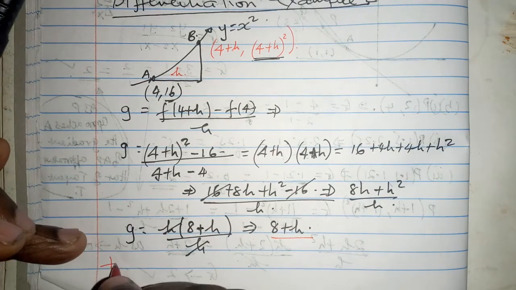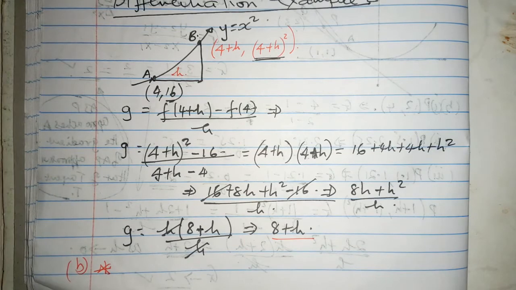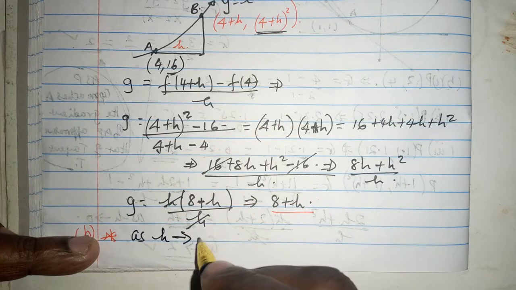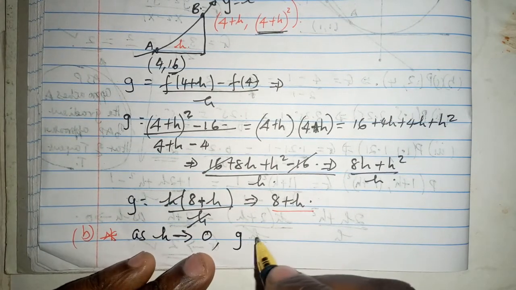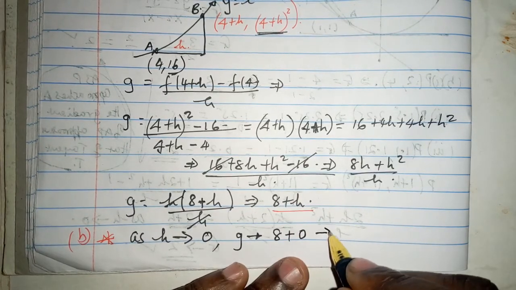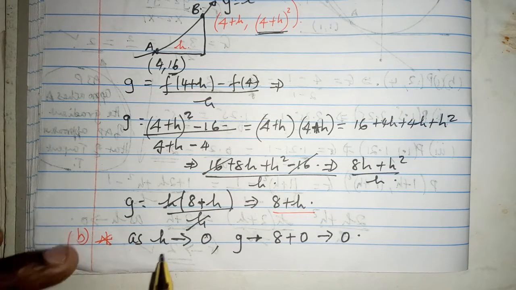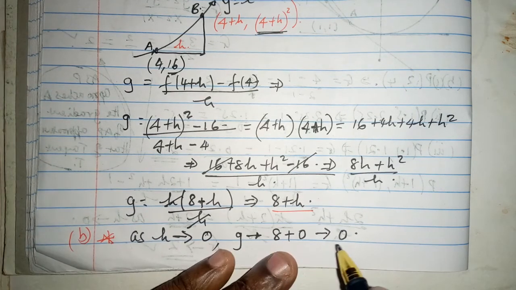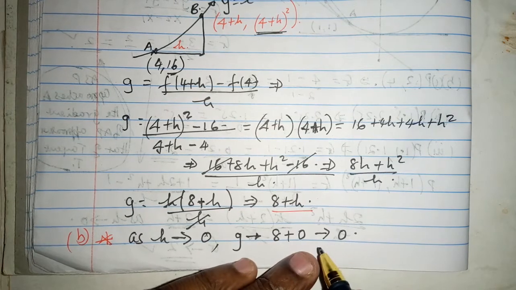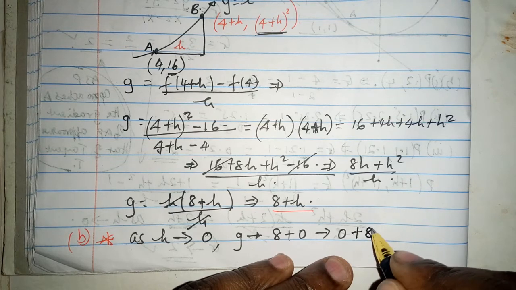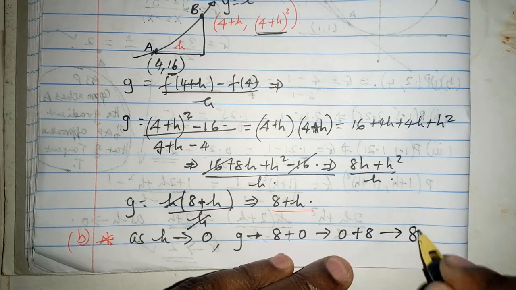It is very important to answer part B of this question with a lot of wisdom, because as h approaches 0, the gradient, which is 8 plus h, approaches 8 plus 0, which is simply 8.